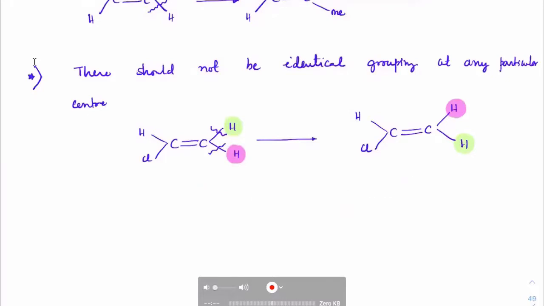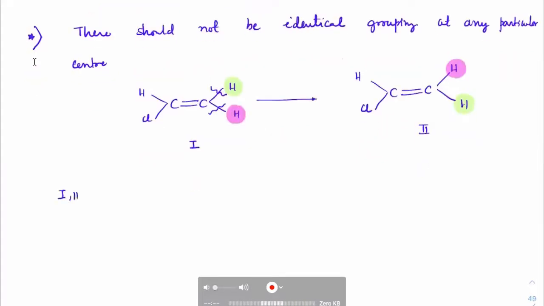Understood, everybody? So this 1 and 2 are same. So 1 and 2 are identical, or we also use the word superimposable. Superimposable means I can take this molecule and put it on this, it would look exactly the same.